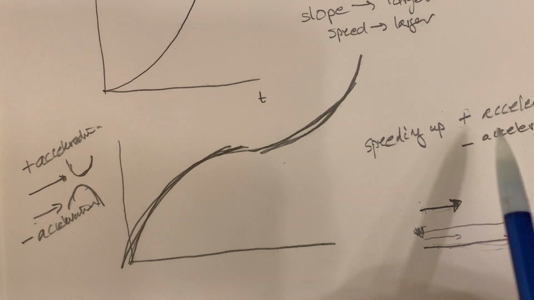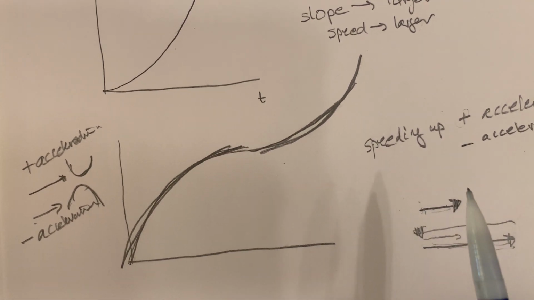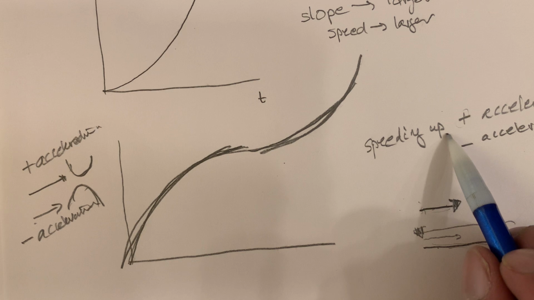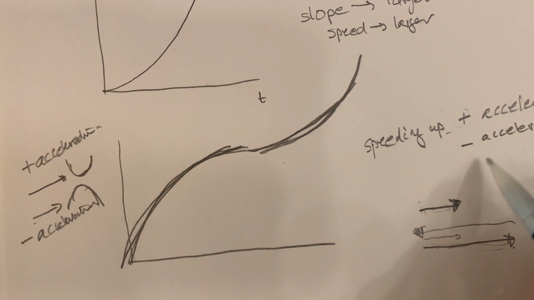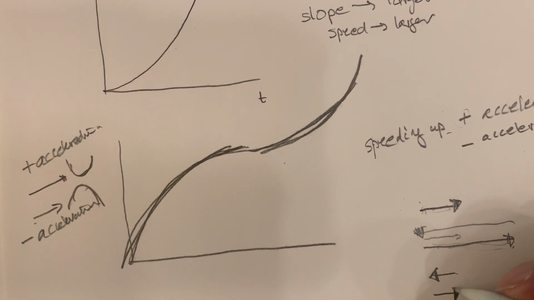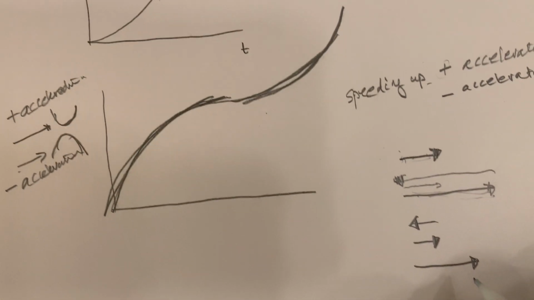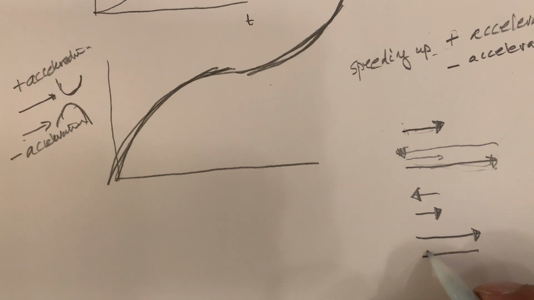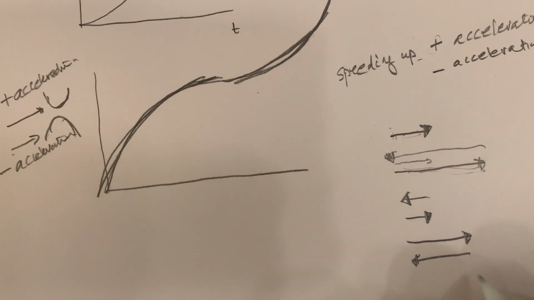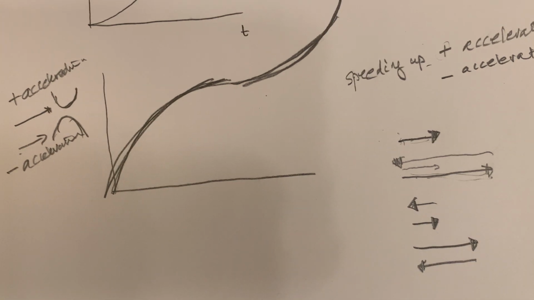I know that negative positive sign might be getting you a little confused right now, but keep in mind this is really important. Negative acceleration means acceleration in that direction. Positive acceleration means acceleration in that direction. Positive velocity means velocity in that direction. And negative velocity means velocity in that direction. The size is telling you how fast, and the acceleration vector is telling you how much the acceleration is.